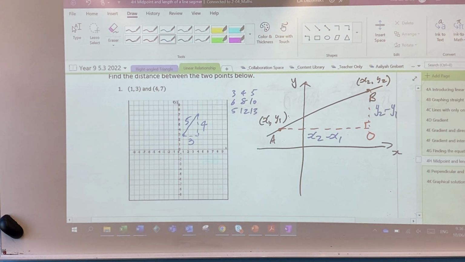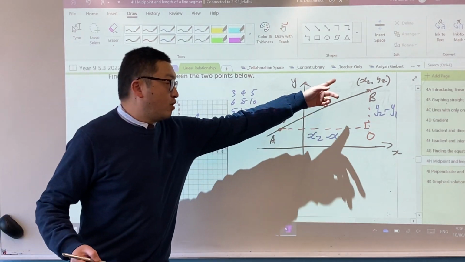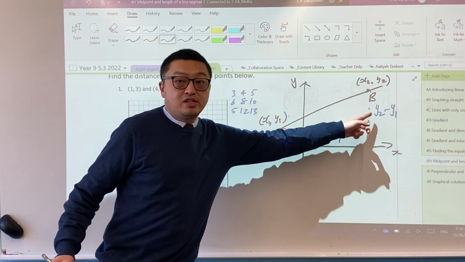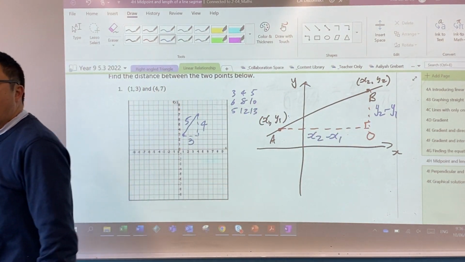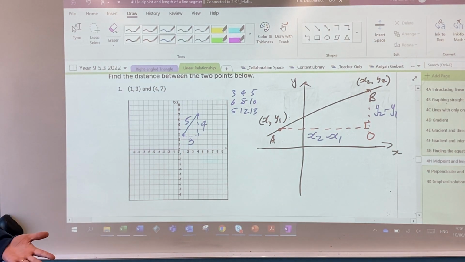Okay, back to Pythagoras theorem again. It is a right angle triangle. I know 2 sides. How do I find the hypotenuse? a squared plus b squared equals c squared, right? Which you guys did in year 8. So it's exactly the same thing, just in a different context. So now I want to find AB.